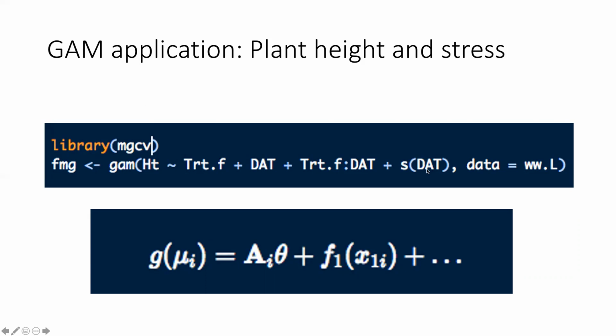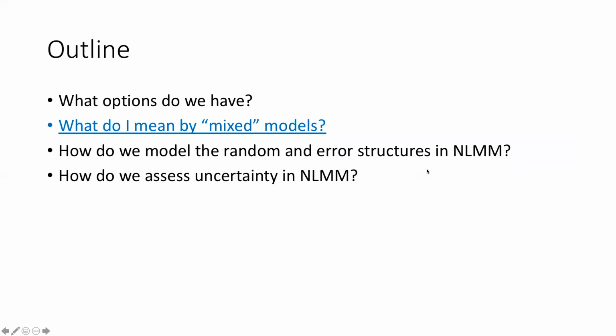So I just wanted to quickly mention GAMs to give you other options rather than the options we've seen, because they're very flexible. They work well when you have something that's very unpredictable, kind of like soil moisture. And they could even be used in a simple example like the previous one to model the relationship between plant height and time.